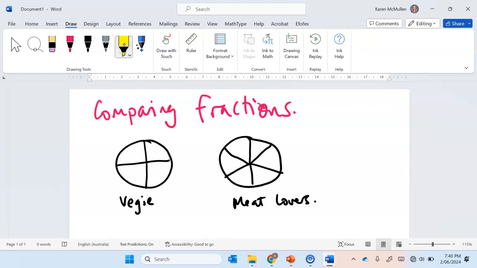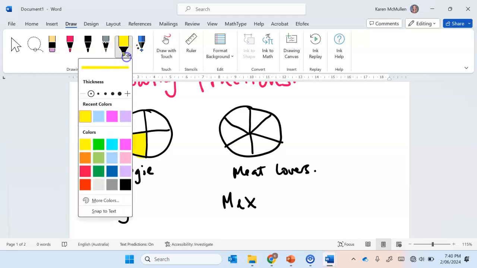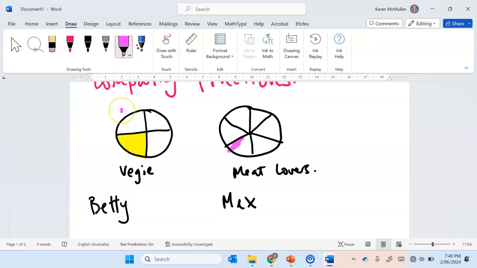So let's say there's Betty, and Betty is vegetarian. So she gets a quarter of that veggie pizza. And let's say her friend Max loves meat lovers, and because there are 6 people who eat meat, Max only gets 1/6 of the pizza.